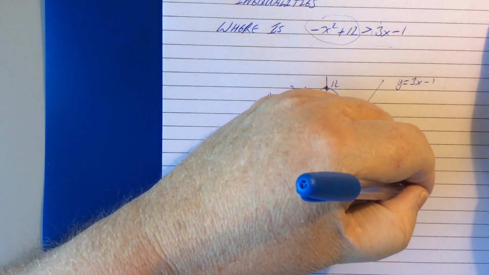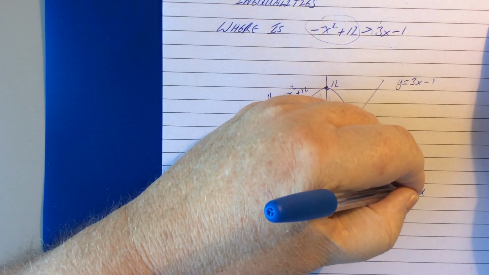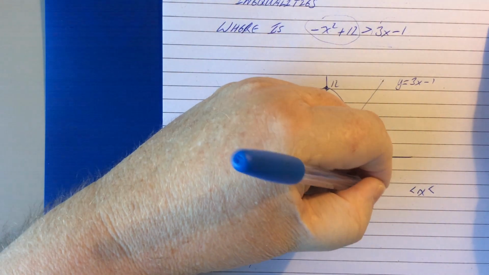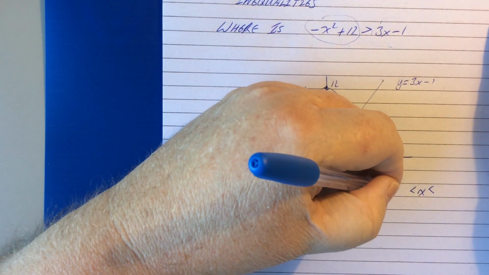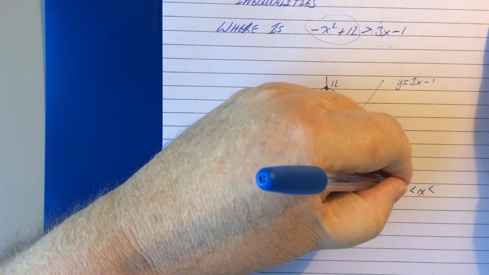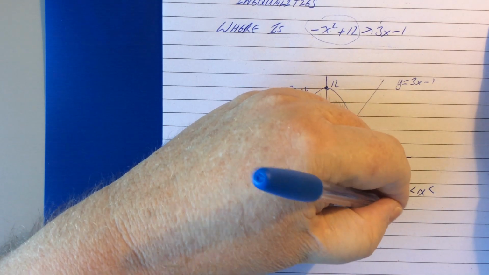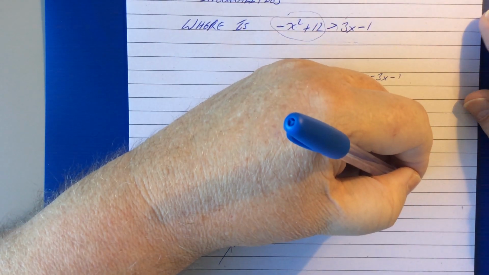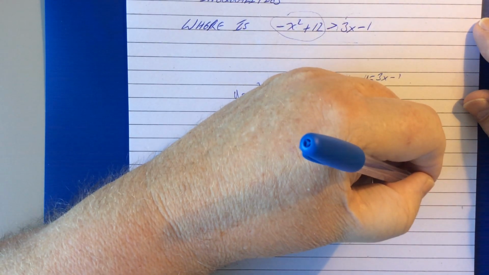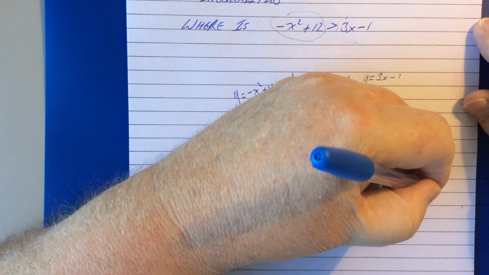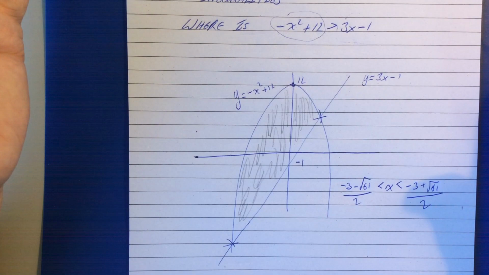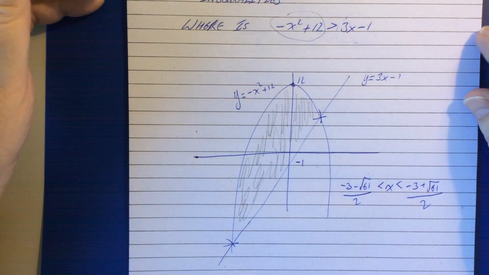Well, we say that x has got to be greater than negative 3 minus root 61 all over 2, or it must be less than negative 3 plus root 61 all over 2. And that's our solution for this inequality.